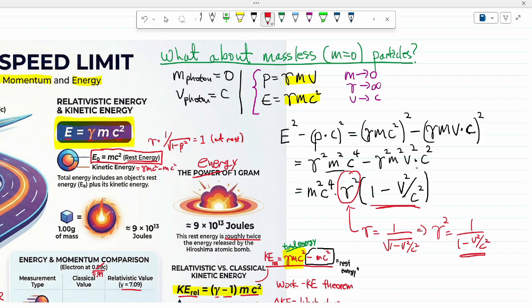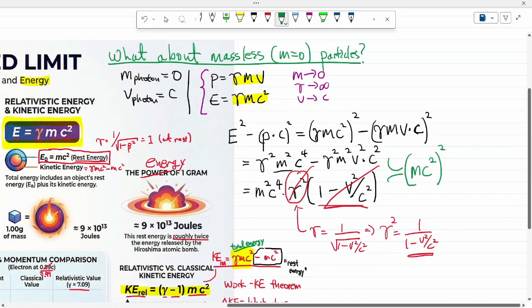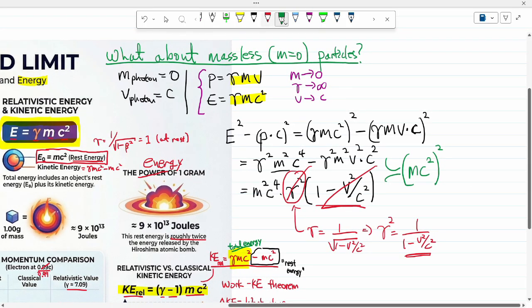So these two things cancel out. And the final beautiful expression that you end up with is simply mc squared, the rest energy, squared. So this is what you might call the energy-momentum-mass relationship.